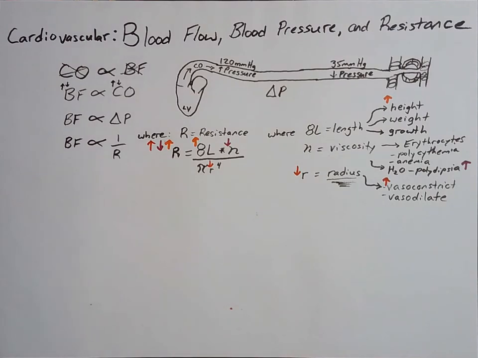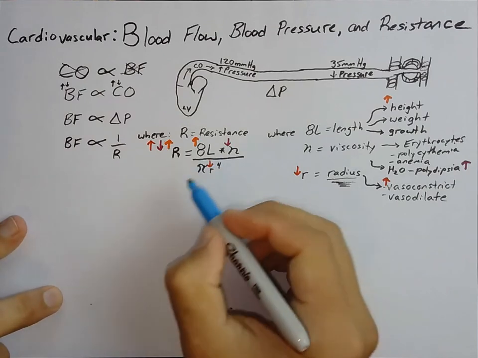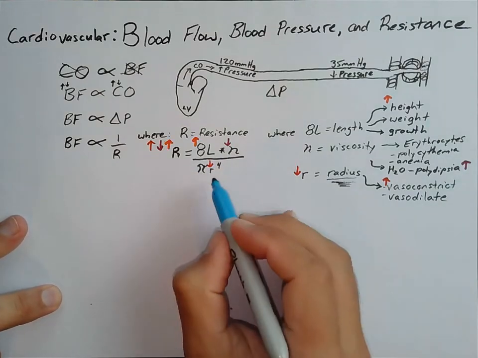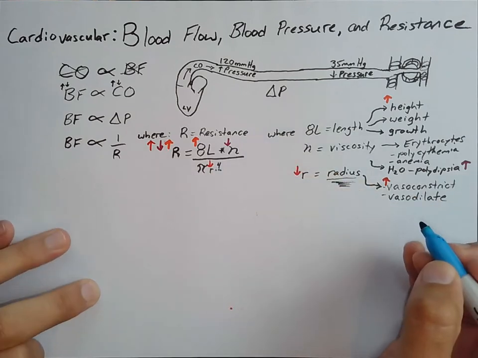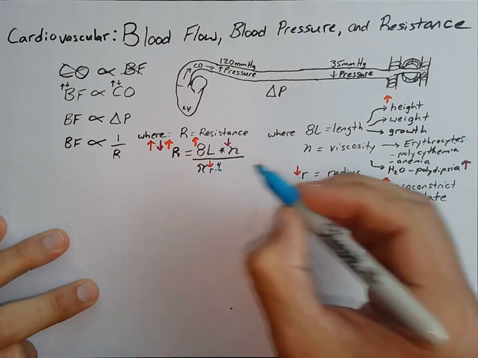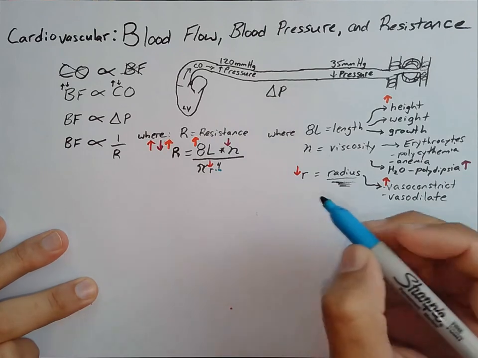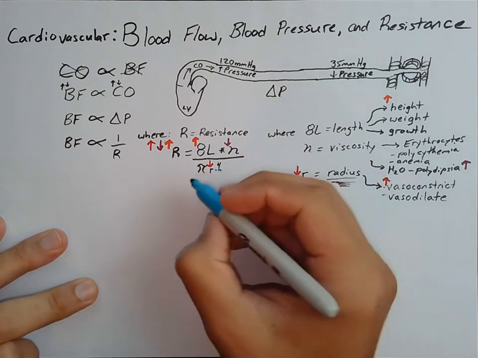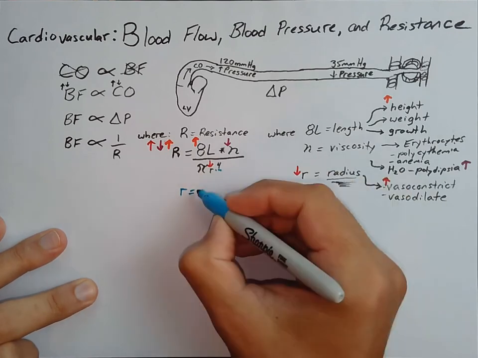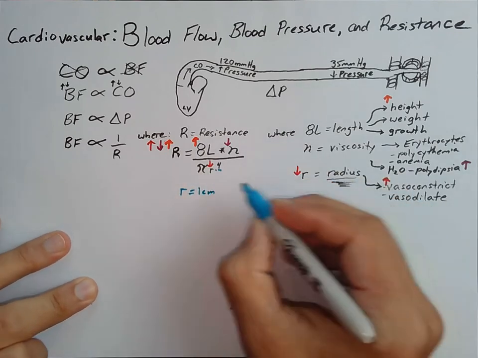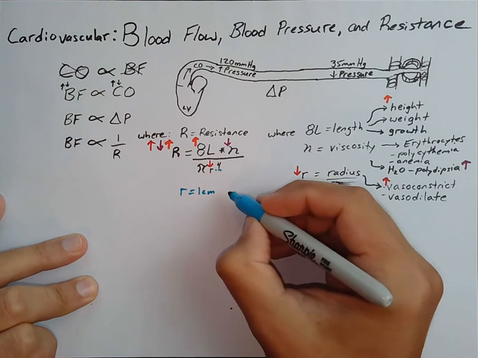Why is the radius the most important factor? I guess, how does this equation prove that radius is the most important factor? It has to do with this power. So just real quick, and I always do this with my students. I know not everybody loves math, but it's helpful. If radius equals 1 centimeter, then what is R to the fourth?